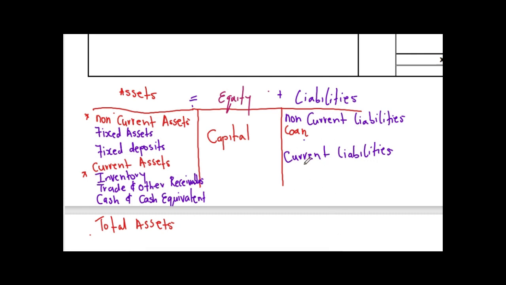And then under liabilities, it's going to be an outflow of money, whereby we are going to have trade and other payables. And then guys, we might have our bank overdraft, an unfavorable bank account, or a negative bank account.